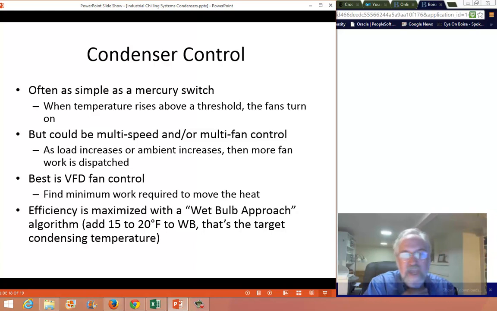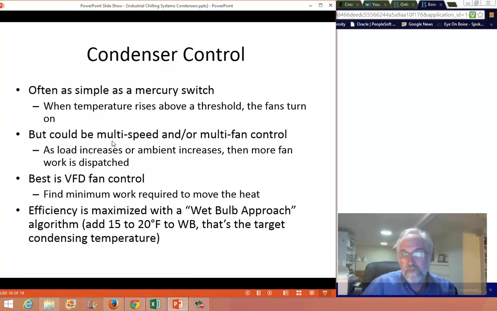So condensers have control systems. They can be as simple as a mercury switch, a little switch right on the coil that senses the temperature. If that temperature gets too high, it kicks on another fan, or maybe kicks in another condenser. Sometimes there's multiple condensers. They share the load between them.